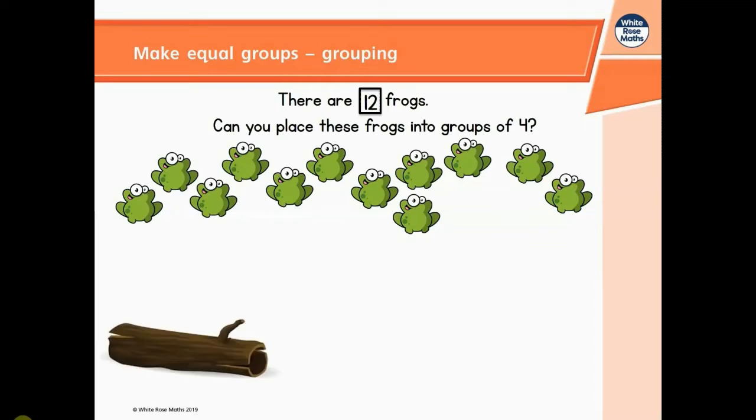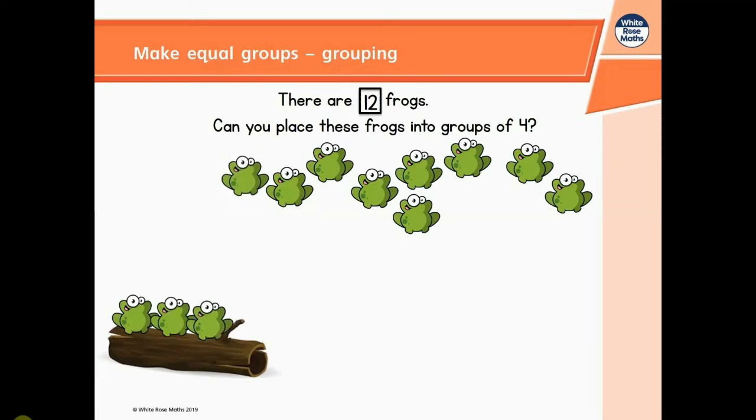Now, we need to place 4 frogs on this log. Help me count. 1, 2, 3, 4. There, we have one group of 4 frogs.